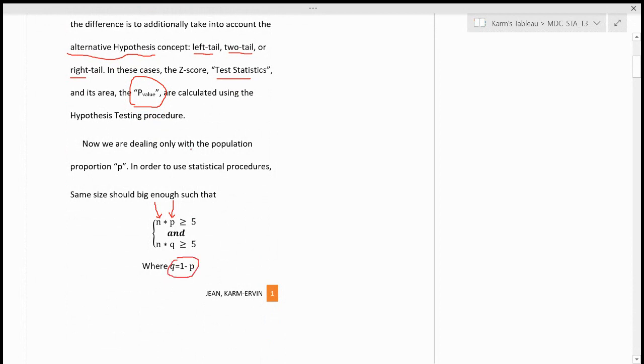By the way, p is what you call the population proportion. We spoke about it the very first day of class. We call it a parameter, population proportion p, and the one that goes with it is called the sample proportion, p hat.